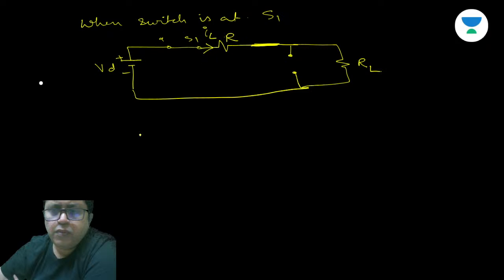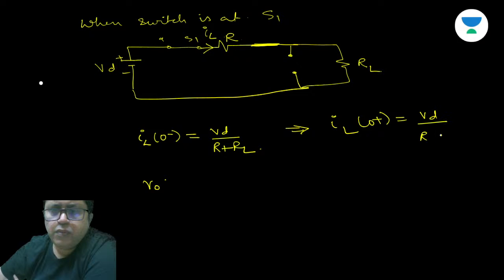This is R. So IL(0-) is equal to VD upon R plus RL, which implies IL(0+) is also equal to VD upon R plus RL.